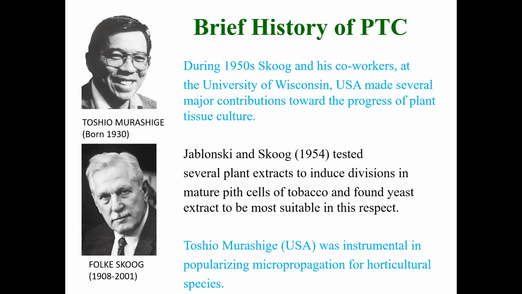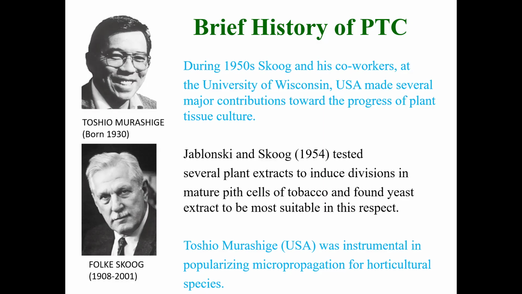And most important is Murashige and Skoog, they developed a culture media for plant tissue culture. It is still commercially available, called MS medium, Murashige and Skoog medium. Very, very famous.